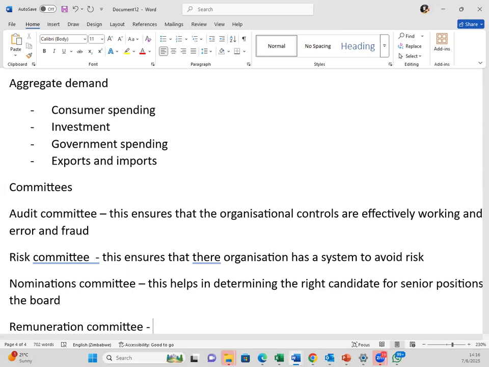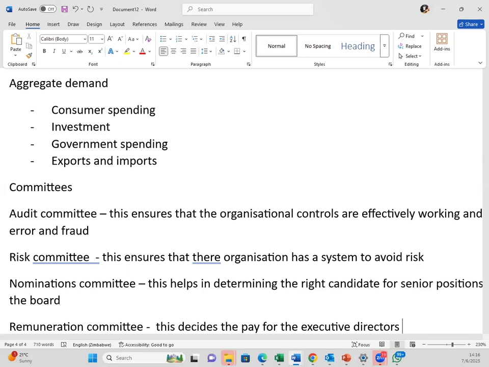Executive directors should not be left to decide their own pay. So the remuneration committee decides the pay of the executive directors. This committee helps with deciding the pay for the executive directors.